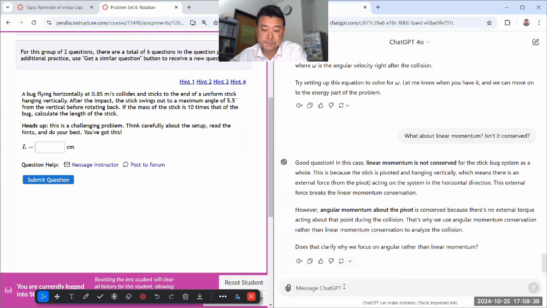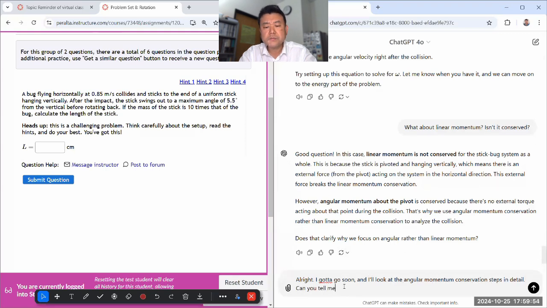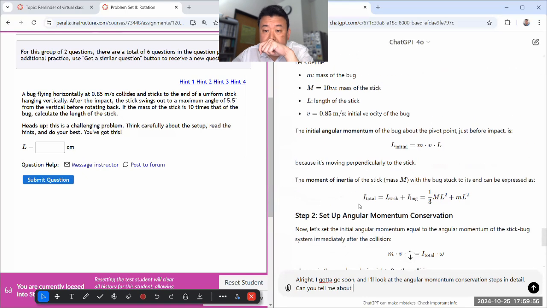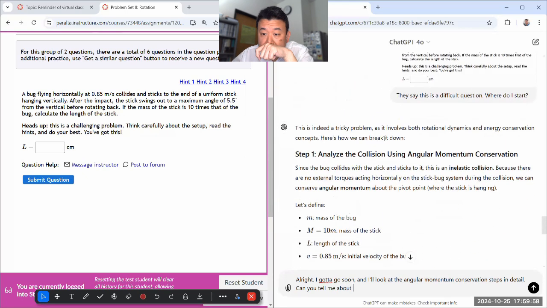All right, I've got to go soon, so let's look at the angular momentum conservation steps in detail. Can you tell me about the energy conservation concepts?